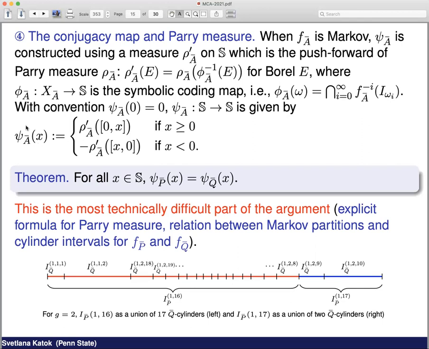And then you just define this conjugacy as the push forward measure of the interval from 0 to x. Okay, so this is a monotone increasing function. And the big result is that this conjugating function for P and Q are exactly the same.